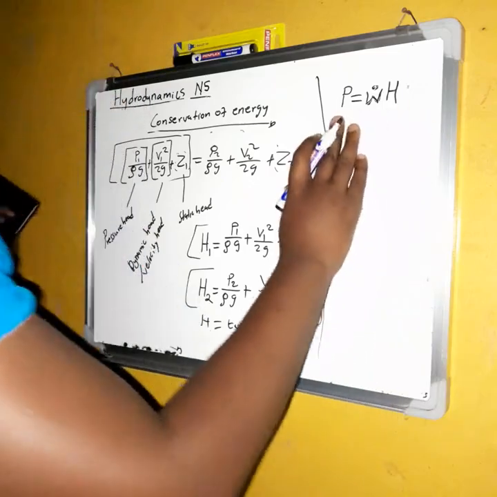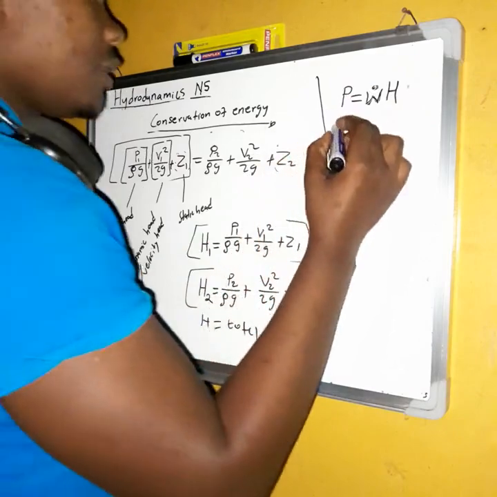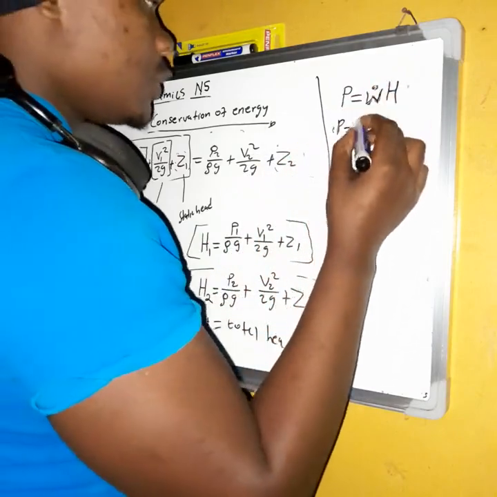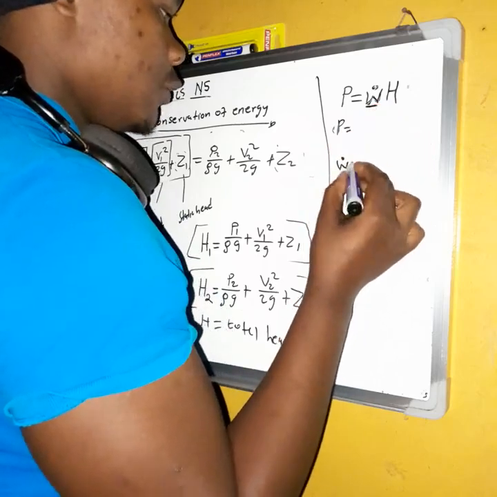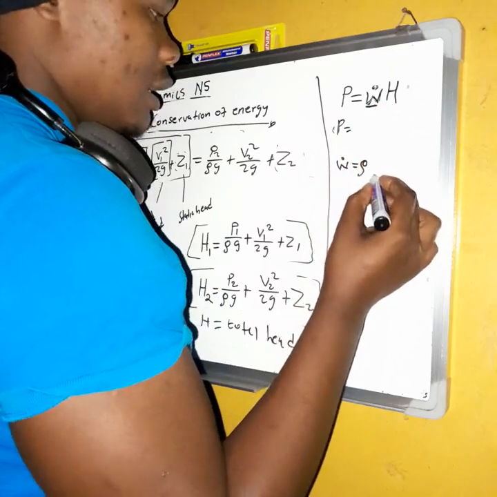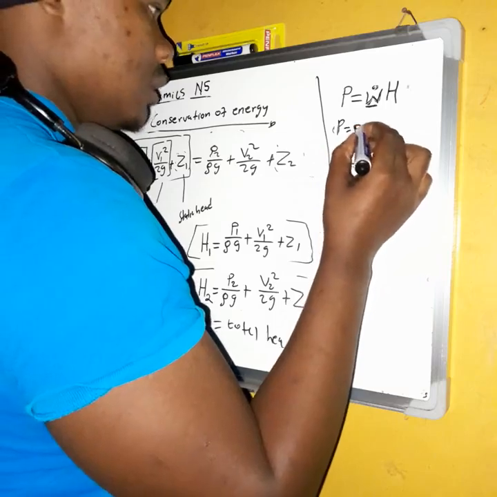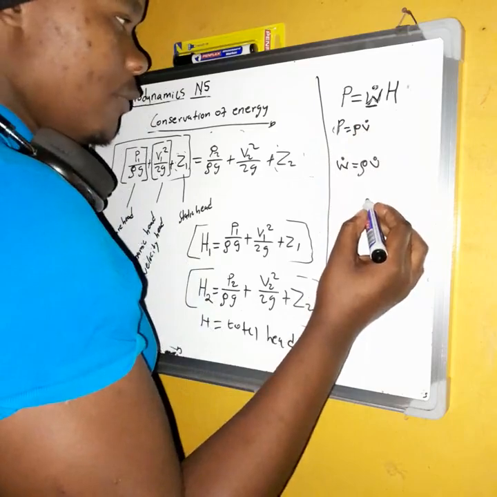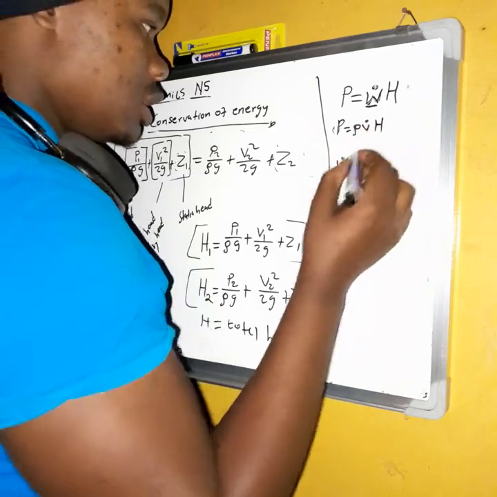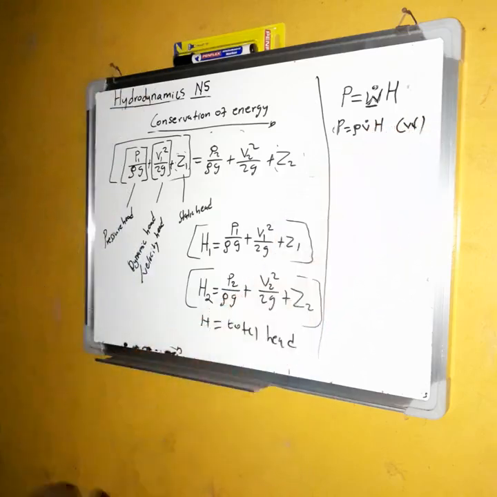Let me simplify this further. We know this is the same as density multiplied by volumetric flow multiplied by H. This is power, measured in watts.